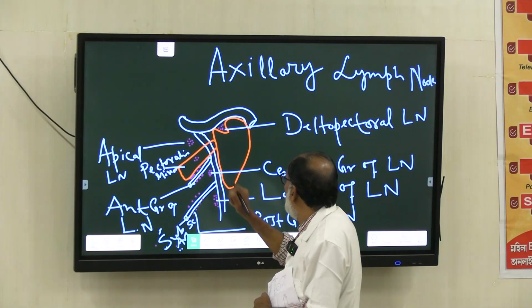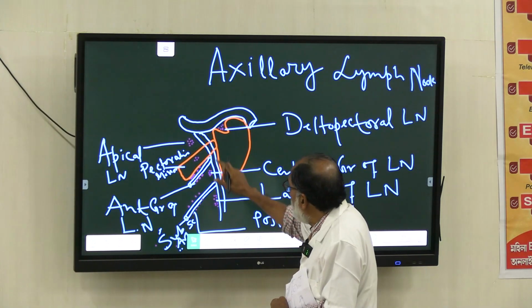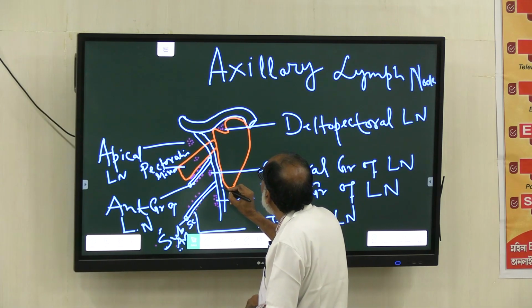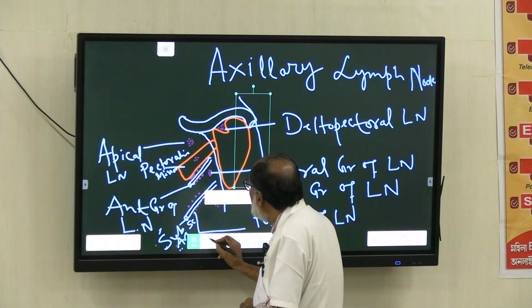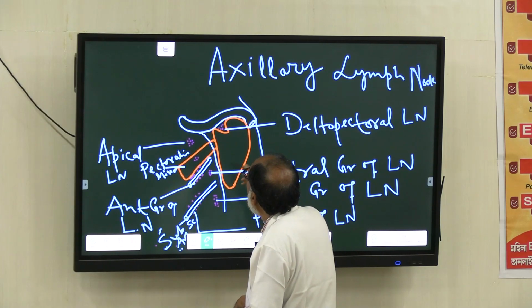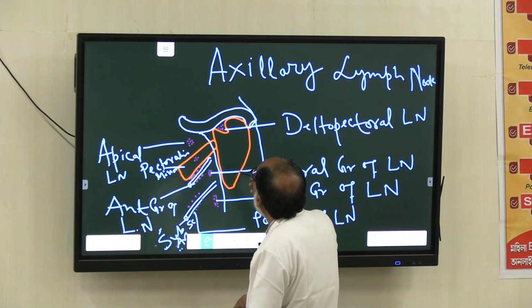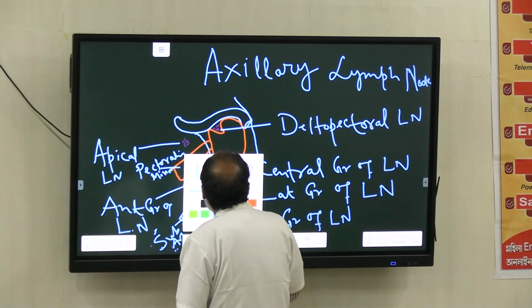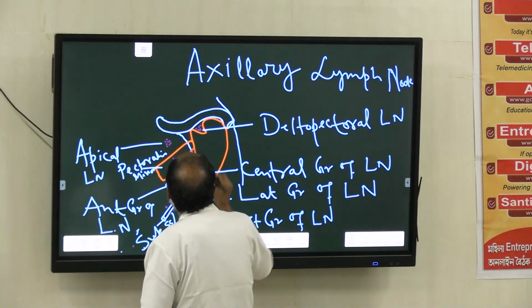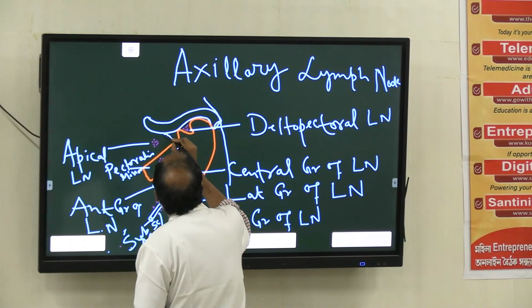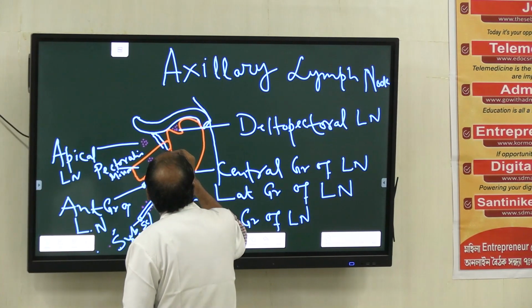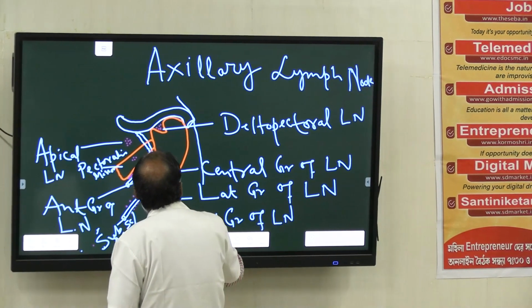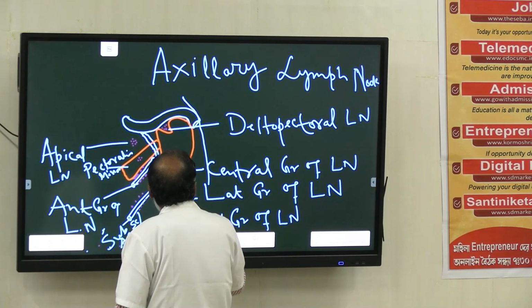This is the central group of lymph nodes. The central group also lies along the axillary vein. This is the axillary vein.